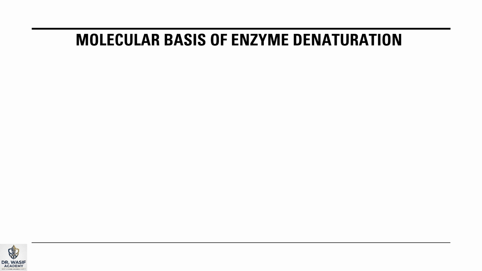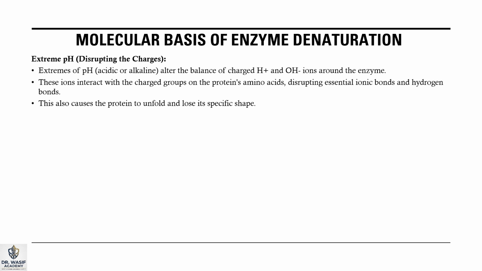So, as we have seen how heat shakes a protein apart, but pH works a little differently. It's more like a chemical tug of war, which pulls the enzyme out of shape. When the environment becomes too acidic or too alkaline, there is a sudden change in the balance of hydrogen and hydroxide ions.